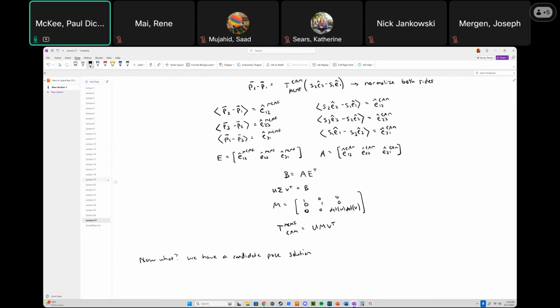We have a candidate pose solution for each real value for V, sometimes 4, usually 2. What we do is we choose the solution that minimizes reprojection error of the 4th point.